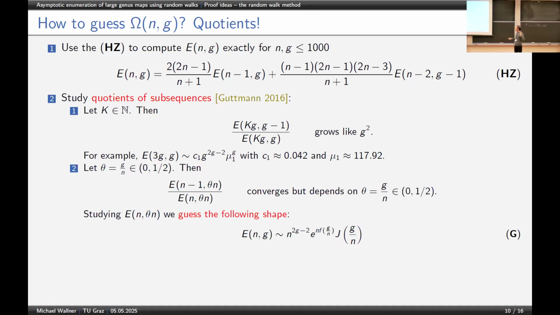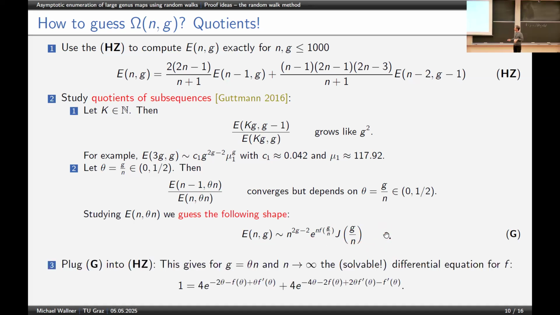And what do we do now? We still need to determine f and j, but let's put our guess into our recurrence, because that's what we have. If you plug that in, you look again at some asymptotics of these objects. For example, you fix g to be theta of n, let n go to infinity, and look at the first order asymptotics. If this guess holds, then you get a certain differential equation for f.